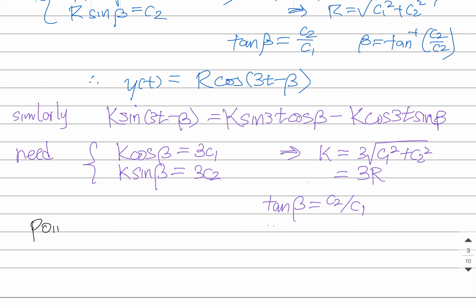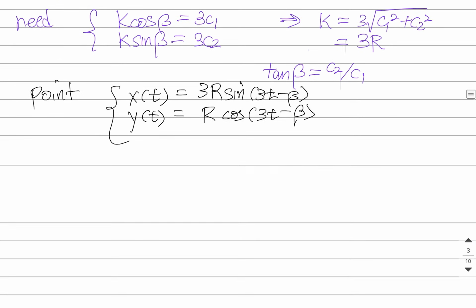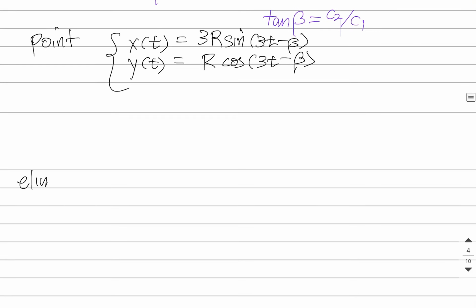Now, the point of all of this is that we can take the two solutions and write them in a more compact, more straightforward way. We'll have 3r sine of 3t minus beta, and r times the cosine of 3t minus beta. This allows us to eliminate the parameter.